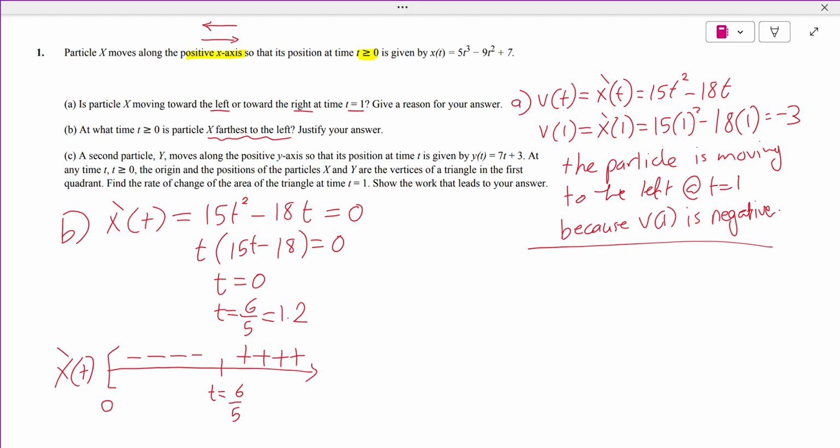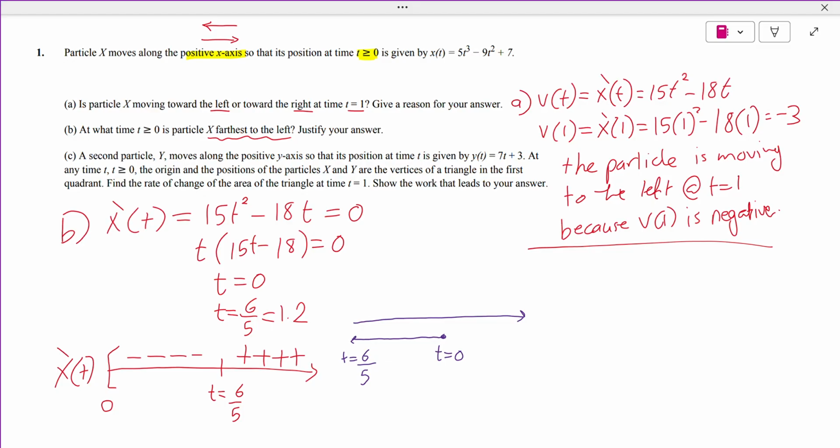So, what happens here? The particle starts moving at t equals 0. For the first 1.2 seconds, or minutes or whatever, it moved left until t equals 6 over 5. After that, it changes direction and the velocity becomes positive.